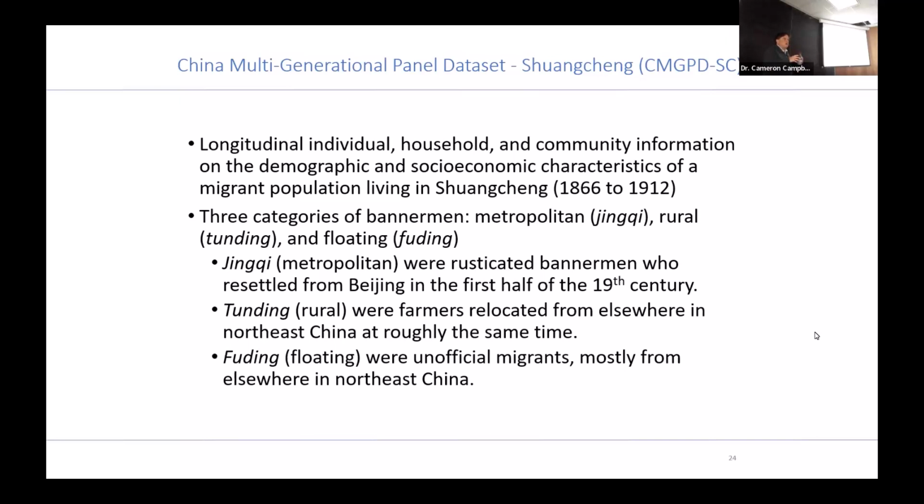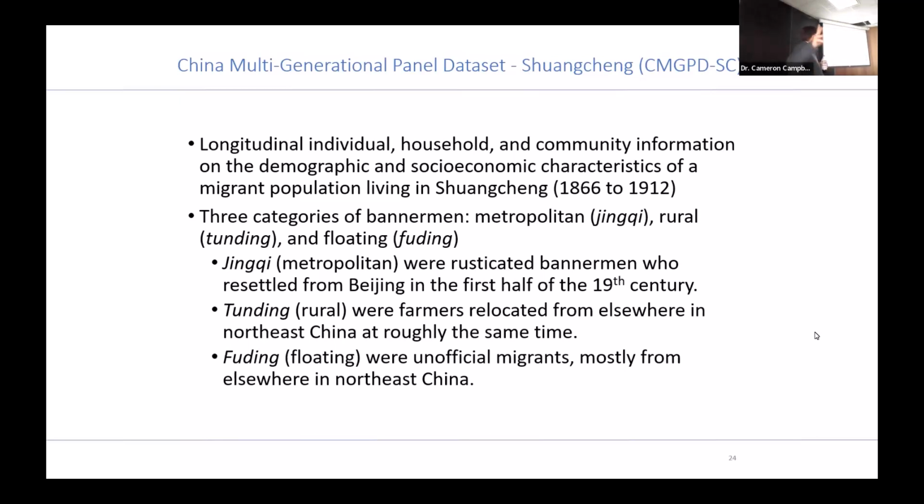It consisted of bannermen who had been living on state stipends in Beijing and were then relocated by the state in the early 19th century to help open up farmland. Those are what are referred to here as the metropolitan, or Jingxi. Jing meaning Beijing, or actually Jingshi at that time, and Xi for Xiren, rural residents who had been recruited from Jilin or Liaoning to show the city slickers the ropes.